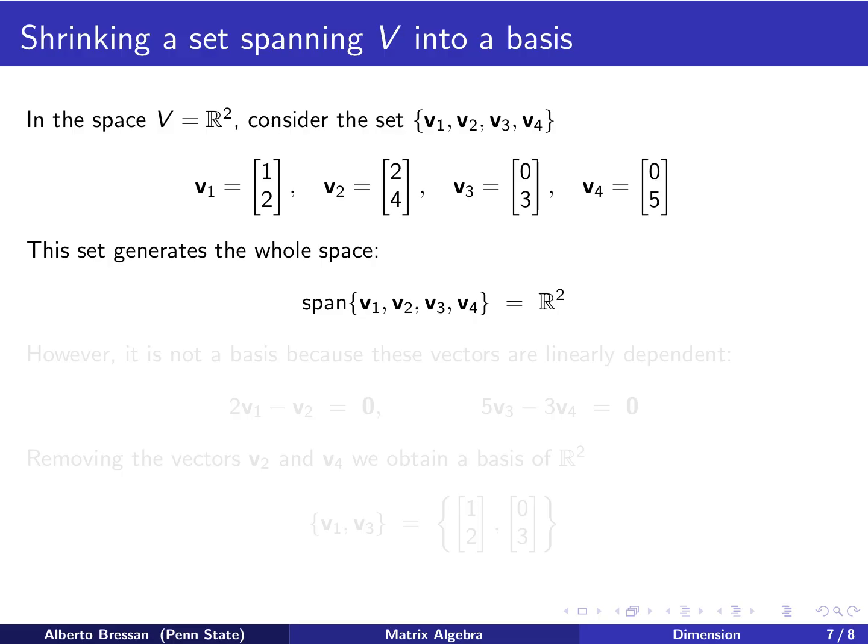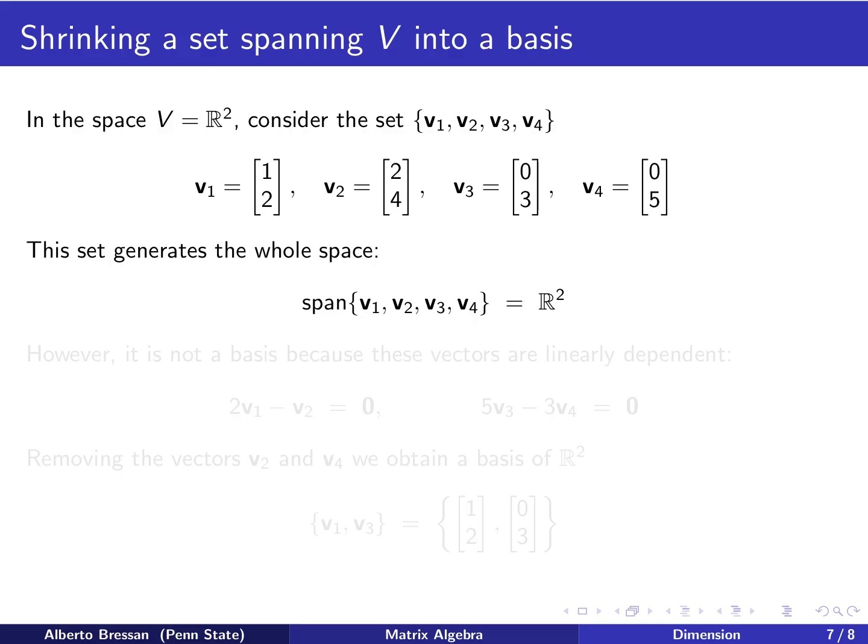Okay, so another example is in the opposite direction. That is, we are given too many vectors and we want to eliminate some to find the basis. Let's consider the space V is R2, and we have a set of four vectors, V1, V2, V3, V4, that takes this form.